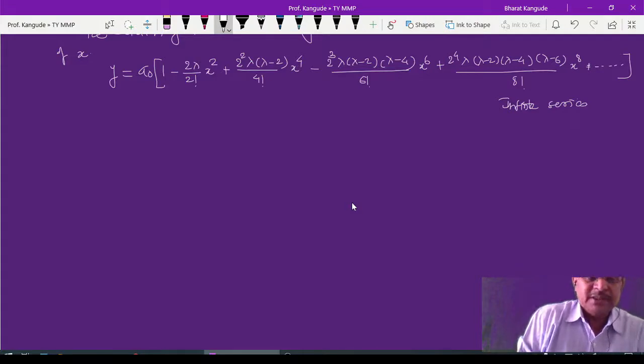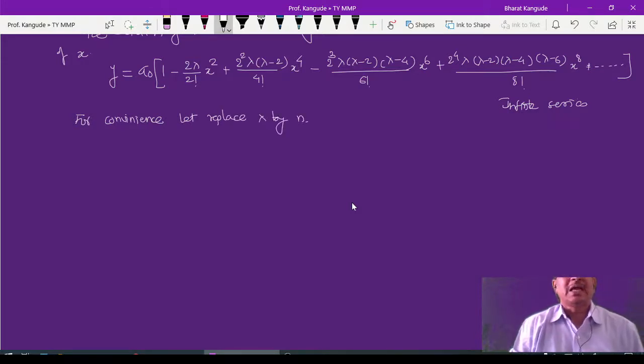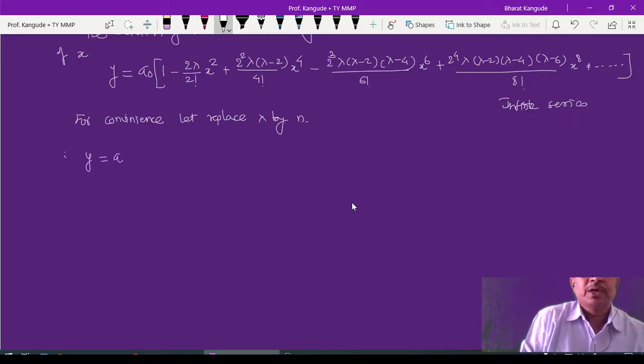For convenience, let's replace lambda by small n. So everywhere I replace lambda by n.